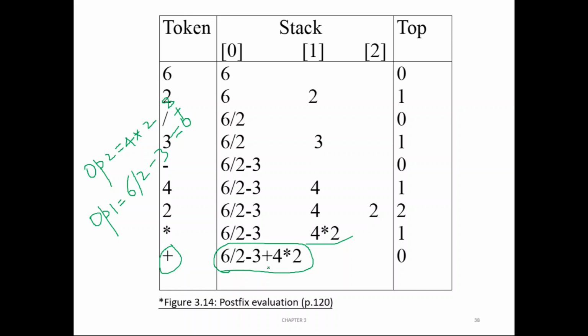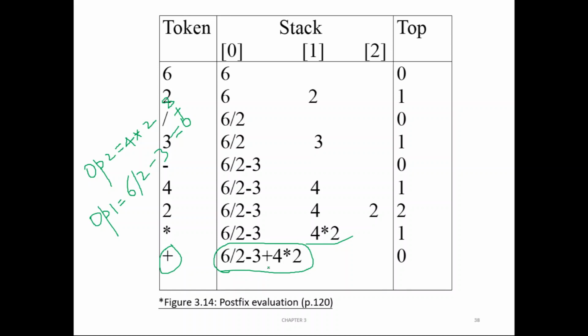If it is an operand, just push it onto the stack. If it is an operator, then don't push that operator to the stack. Rather, pop the top two operands. The topmost operand will go into operand 2, and the next one you pop will go into operand 1. Now perform the operation on operand 1 and operand 2, and push the result onto the stack.